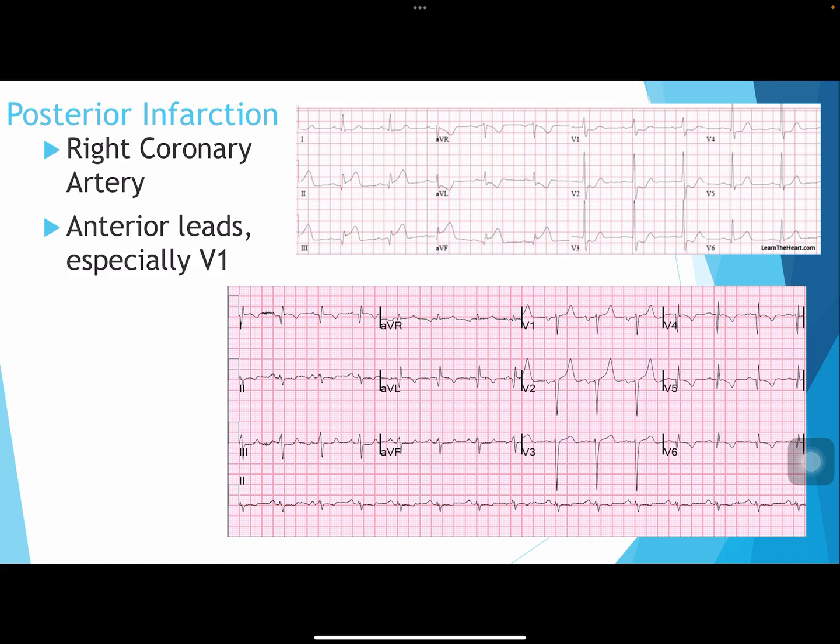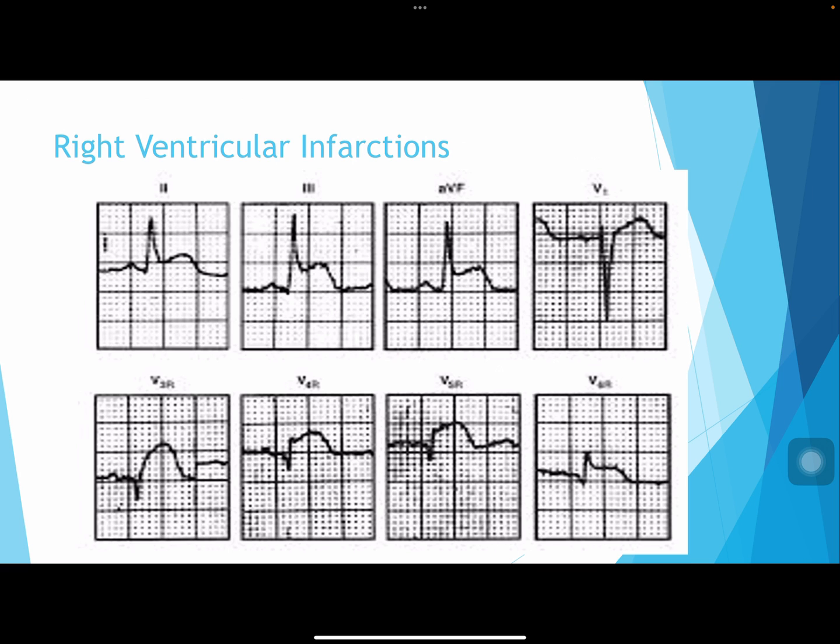All right, so the next slide, right ventricular infarction. It's very rare, not going to be on your test. Don't worry about that. But they do occur, and they always occur majority of the time with inferior infarctions as well. So we're kind of seeing a trend here, right? So what you'll typically see are those inferior infarctions that I just mentioned.